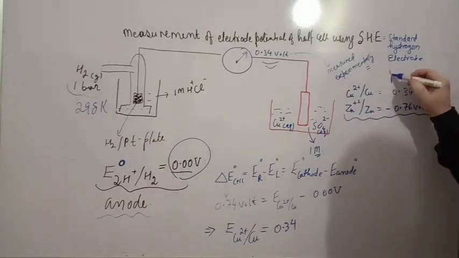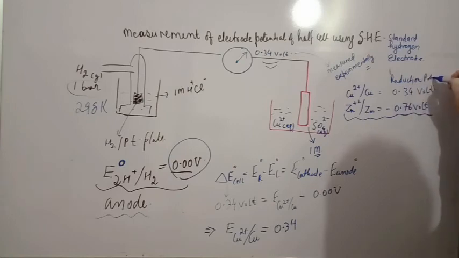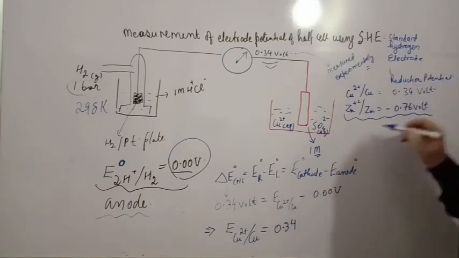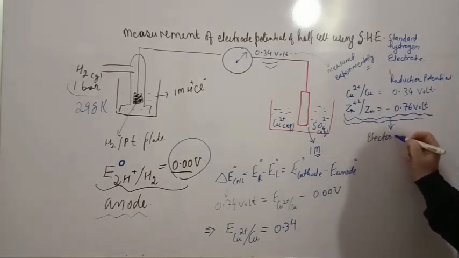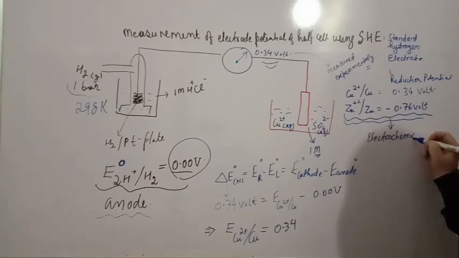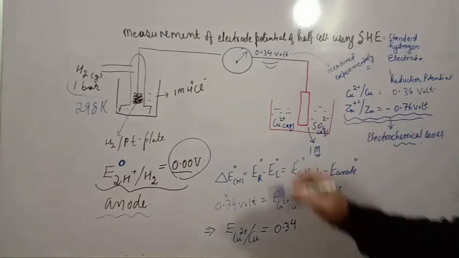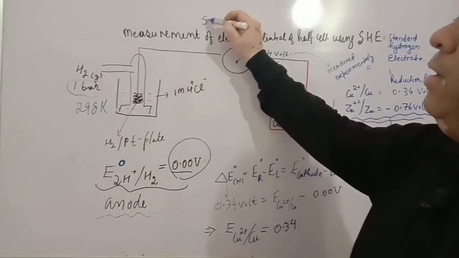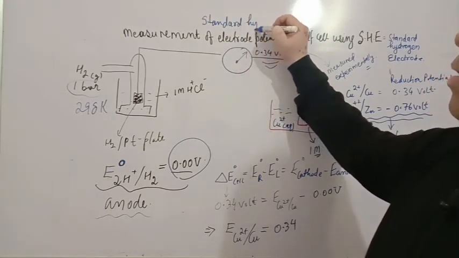These are reduction potential values, and they are charted in a table called the electrochemical series. So today we discussed the standard hydrogen electrode.